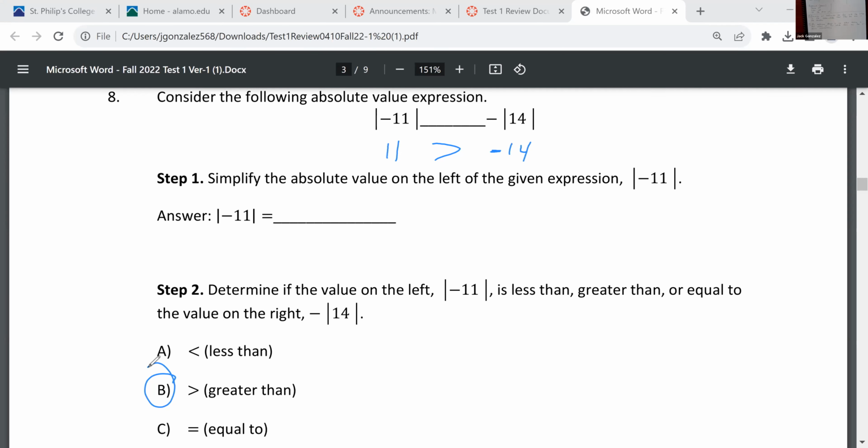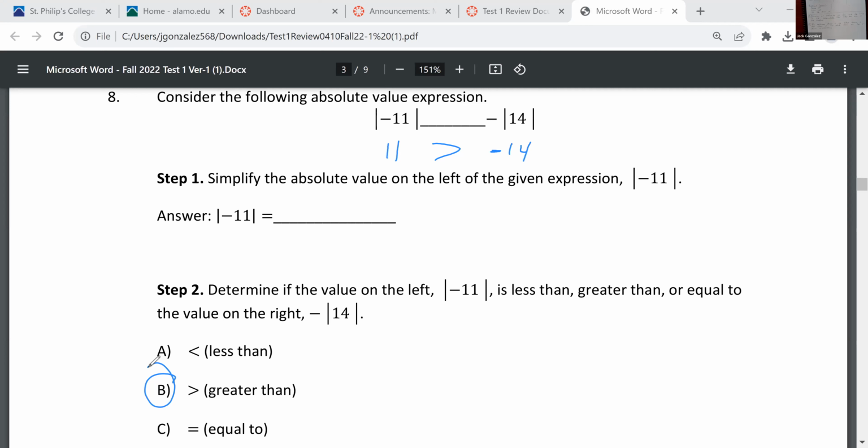Any questions on 8? So here you would do some steps, right? Do the absolute values, then determine what's bigger, what's smaller. How would you read that? So it would be the absolute value of -11 is greater than the negative absolute value of 14.